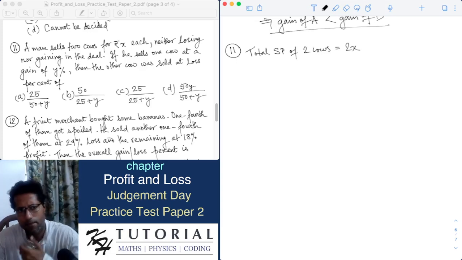Since both the cows are sold for X each, the selling price of the 2 cows is 2x.